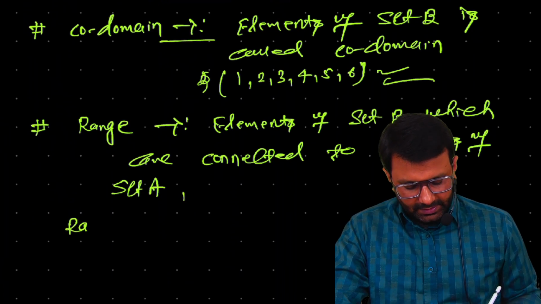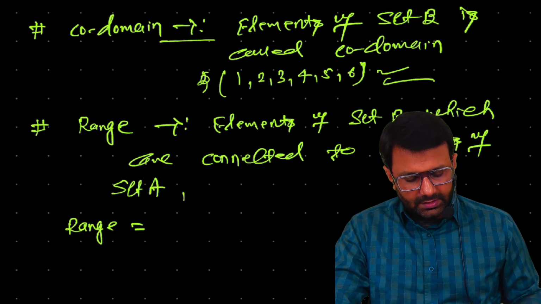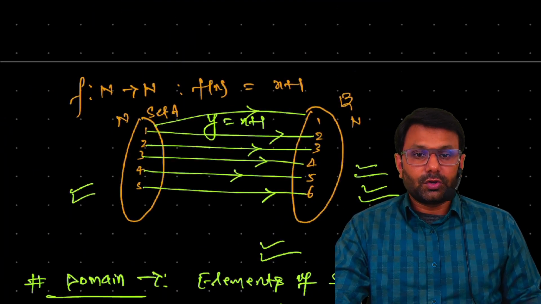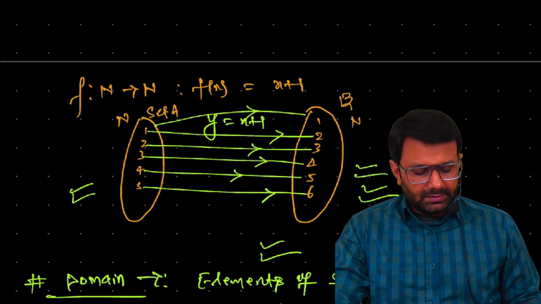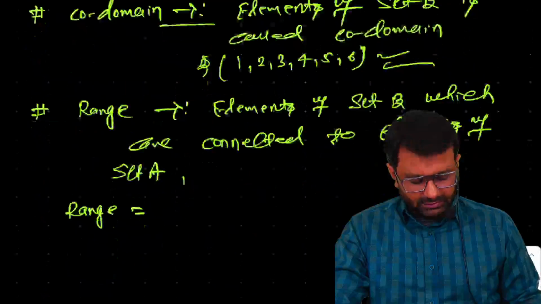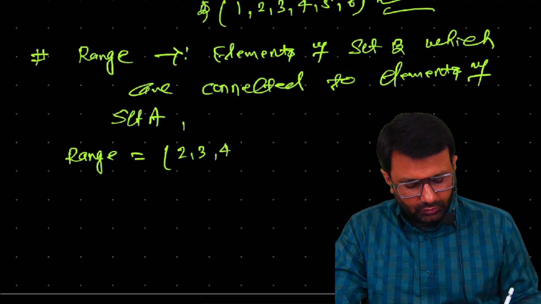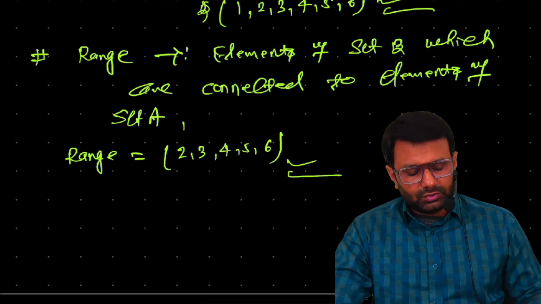So what will be range here? See, one is not connected with any element of A. So my range is here 2 3 4 5 6. So range is equal to 2 3 4 5 6.